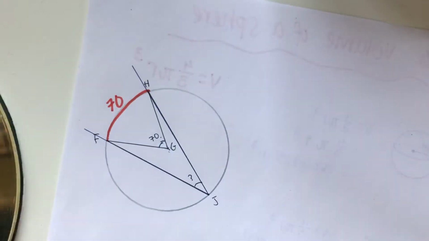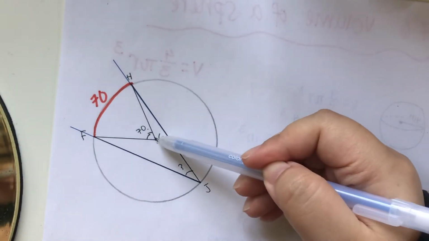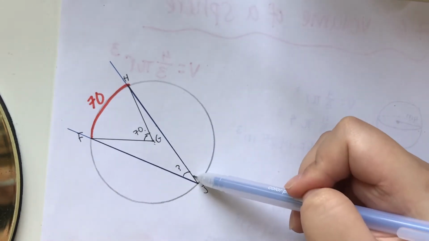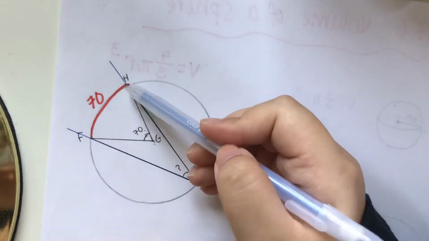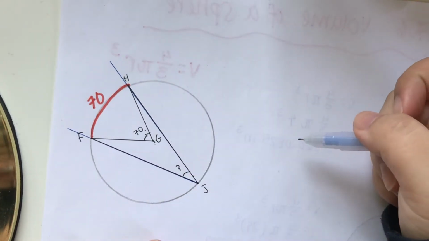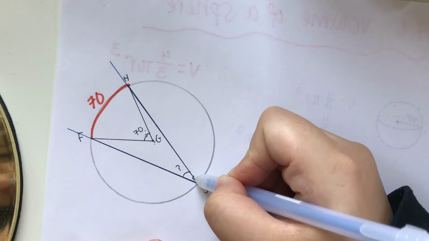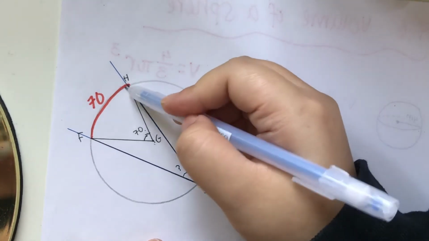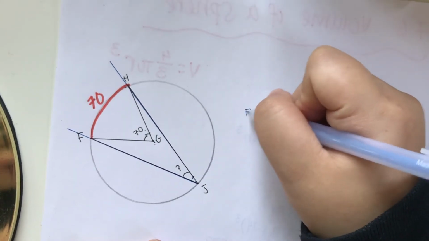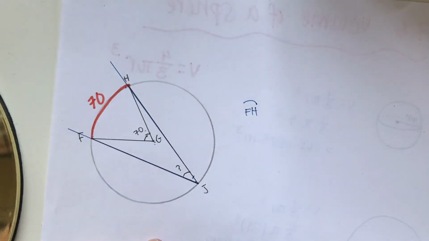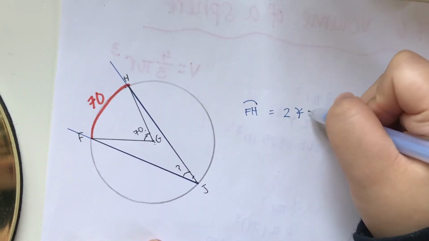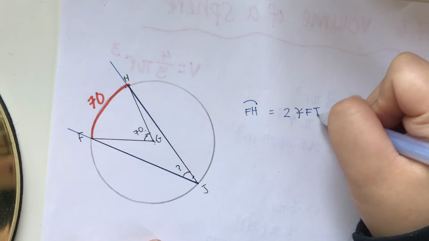Even though these are two different angles, one central and one inscribed, they still share the same arc, which is arc FH. Now, this is the inscribed angle. Remember how I said that the arc is always twice the inscribed angle? So arc FH is going to be twice the inscribed angle, which is FJH.